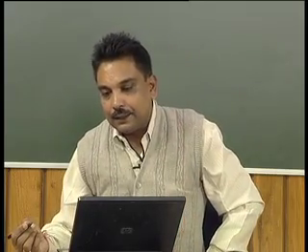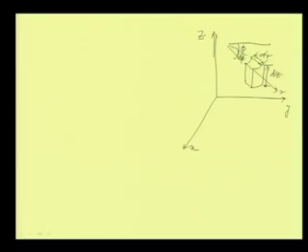Exactly in a similar way, you see here there are three things: this is dz, this is dr, and another part is r d phi.